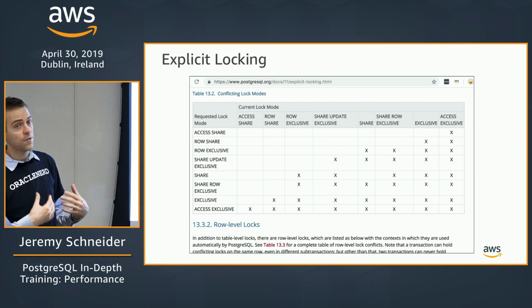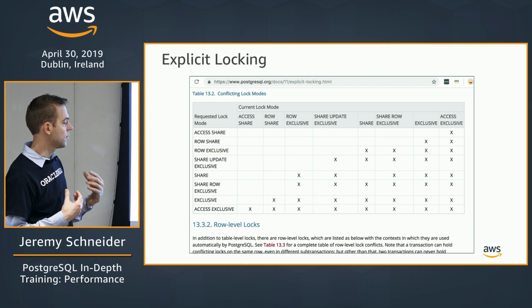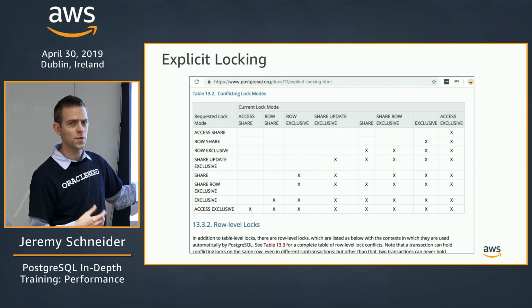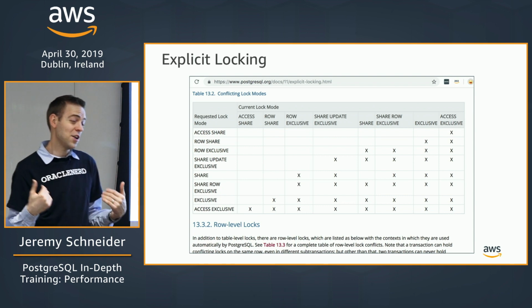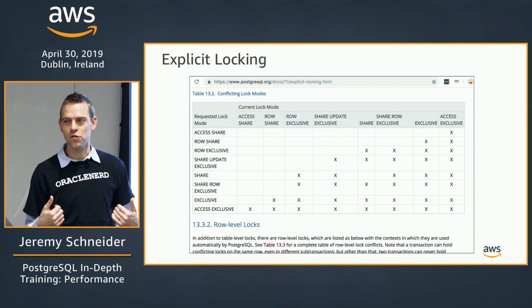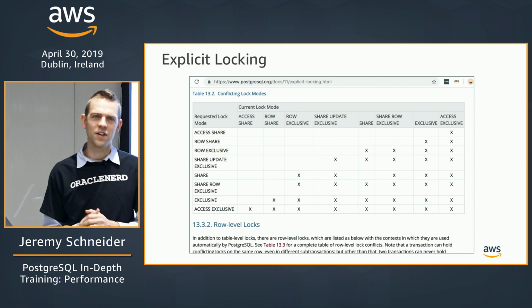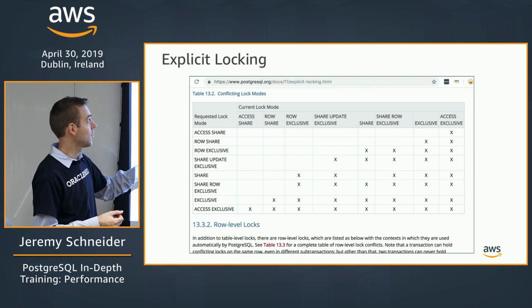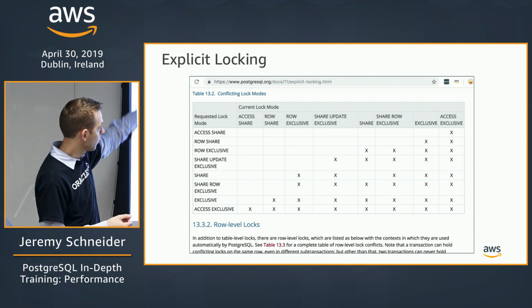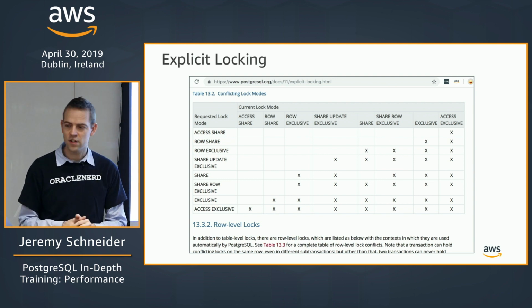And I have found that it's never obvious to me where this is from the table of contents. So I usually just type in explicit locking in the search bar, and that's how I find it quickly. It's not tied to a SQL command or anything like that, but there's a particular page called explicit locking. This is a screenshot from that page.